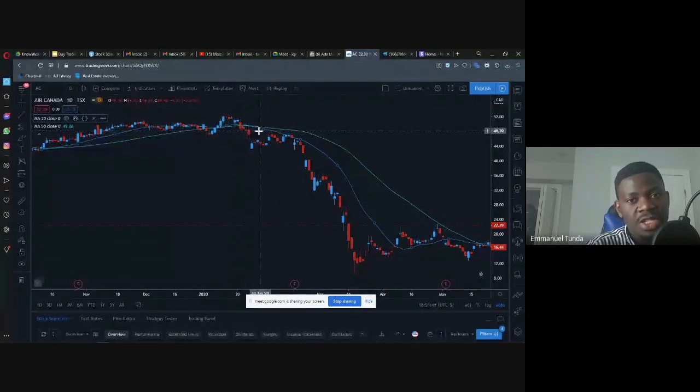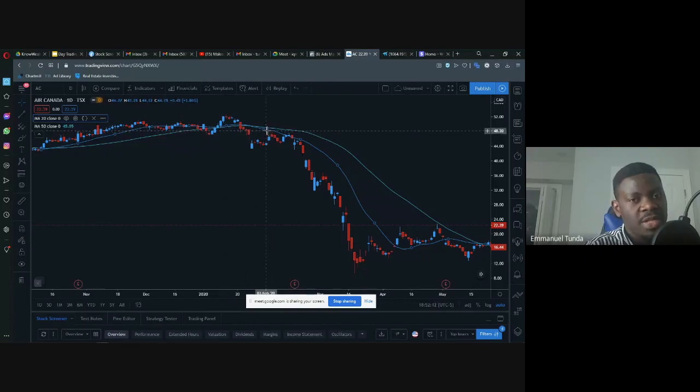And another thing is that when we are changing direction, or when it is time for a reversal, you're going to see that the 20 moving average is going to be below the 50 moving average now. If the 20 moving average is turning below the 50 moving average, that tells you that we are reversing.